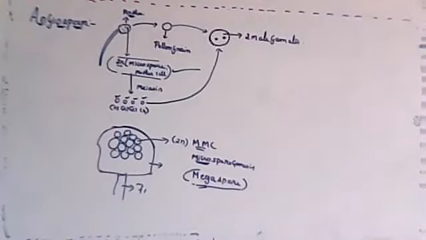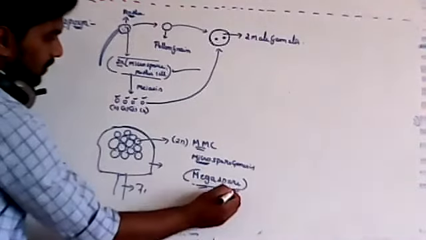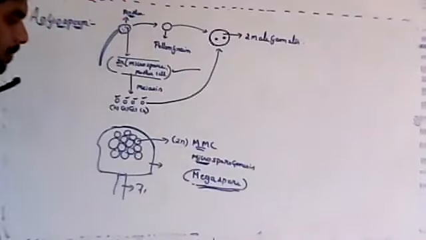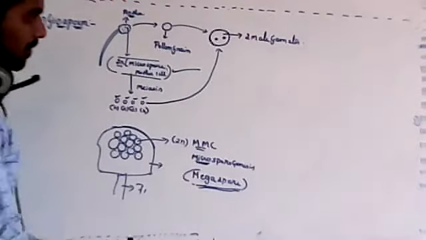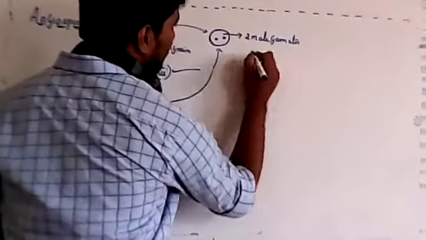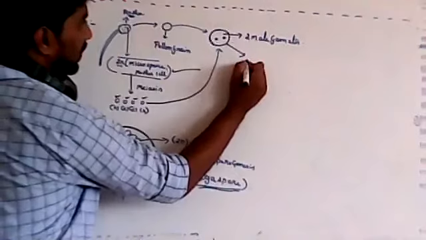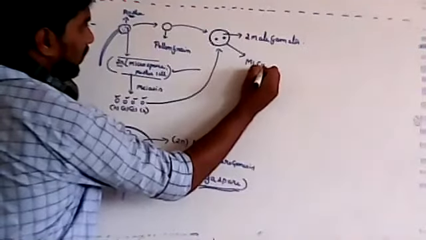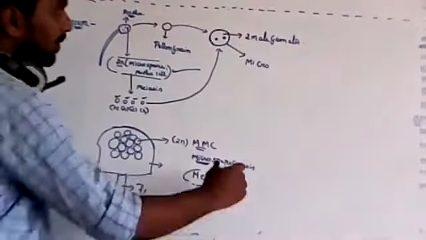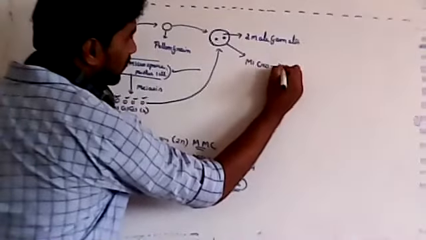Megasporogenesis takes place inside the ovule. Microspore means the pollen grain, the formation of the male gamete in angiosperm.